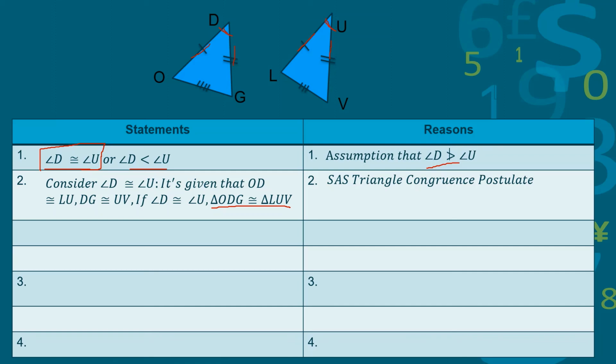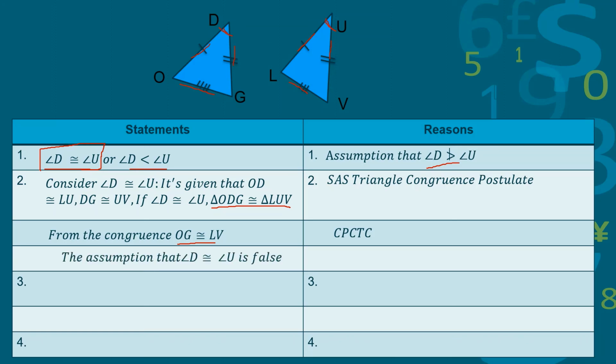Okay, kapag naging congruent ang angle D at angle U, ano naman ang masasabi nyo ngayon sa OG at LV? Okay, correct. So, they will now be congruent. Okay, bakit sila naging congruent? Because they are the corresponding parts of congruent triangles. Okay, now, what can you say about our assumption?